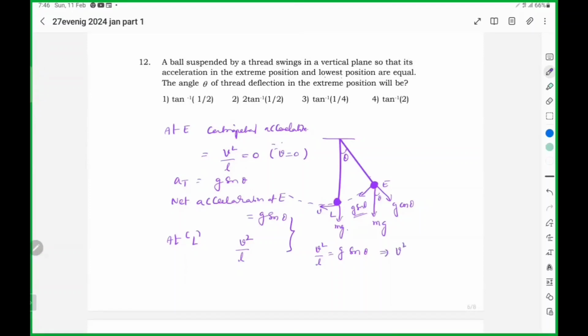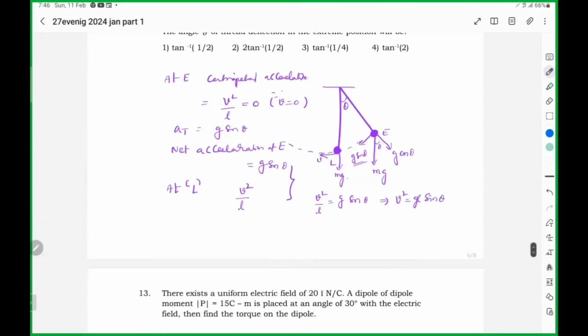So v square is, and energy at L is half mv square. Energy at E is equal to mgh. So this is L. It is L cos theta. H will be L minus L cos theta.